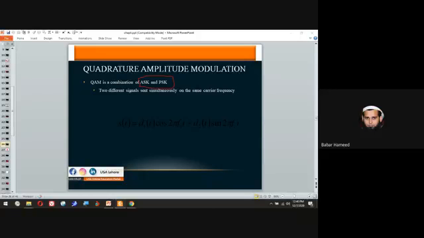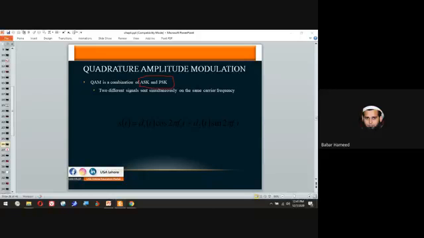So quadrature amplitude modulation is a popular analog signaling technique that is used in some wireless standards. This modulation technique is a combination of ASK and PSK. As I said earlier, quadrature amplitude modulation can also be considered a logical extension of QPSK.